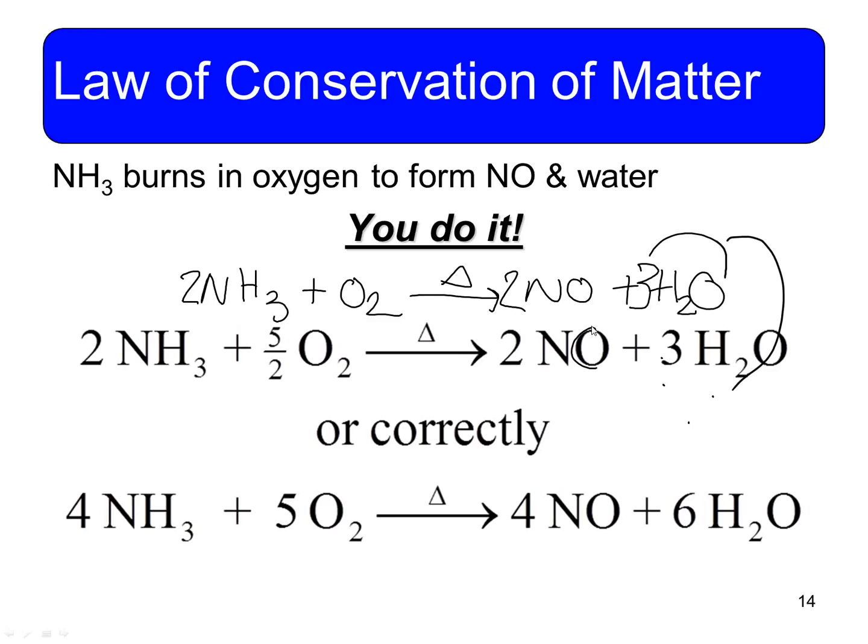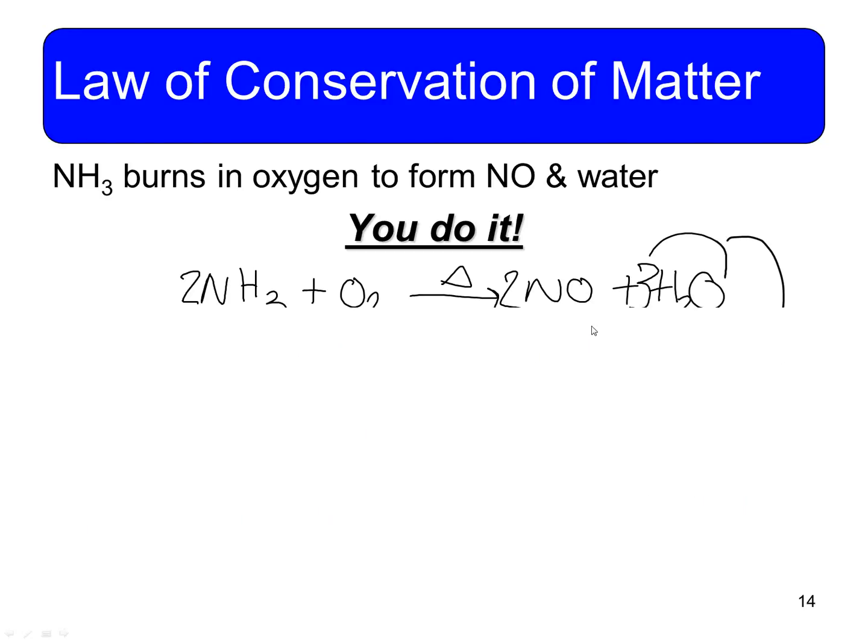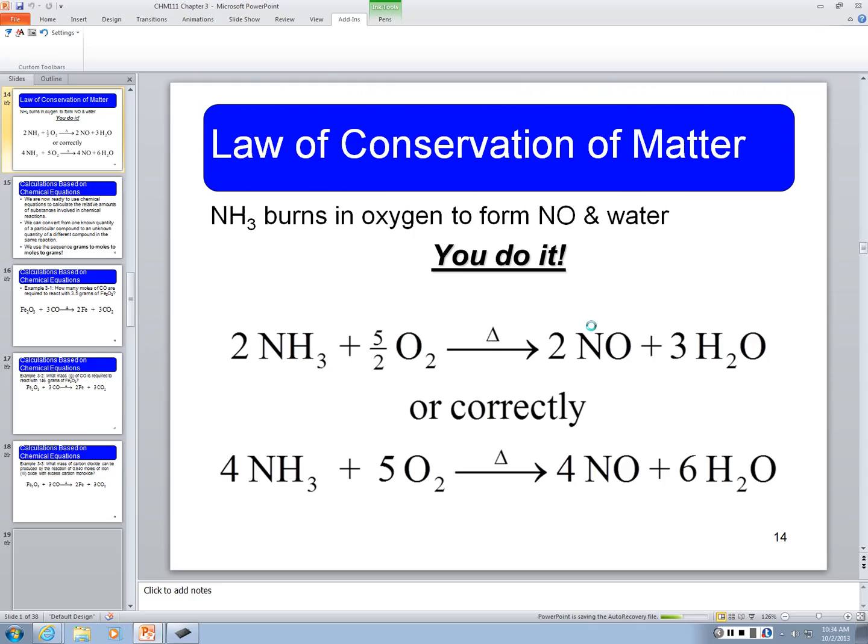So we have 5 oxygens, but if we look here, now let's erase what I did. We have 5 oxygens, but if we go over here, we have O2. Let me go get my pen back. I left my pen, hang on.